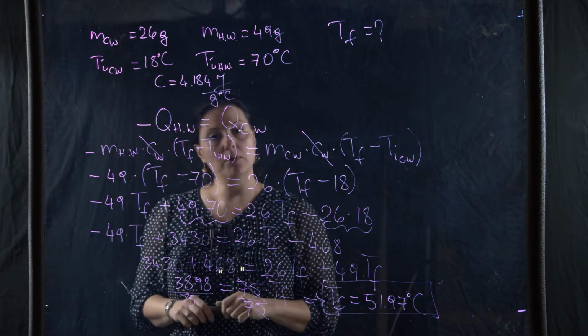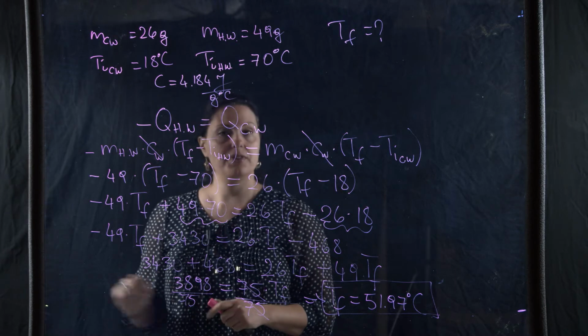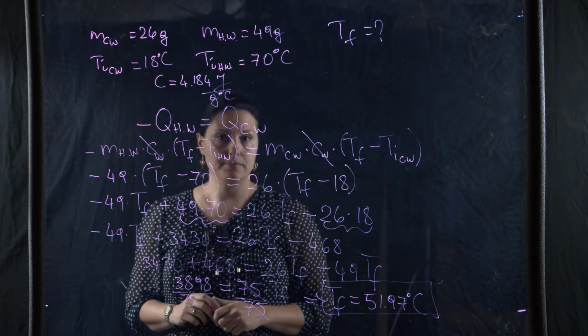I'll do one more problem, and that will be the end of the problems from the slide. Okay, this is the last problem. A 97-gram sample of gold at 785 degrees Celsius.